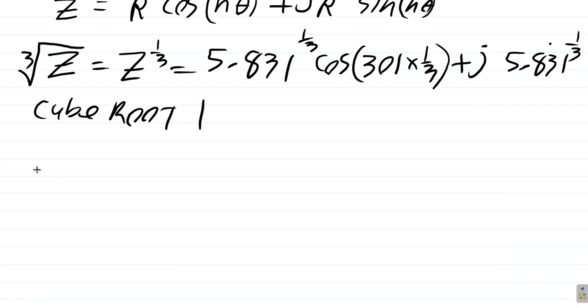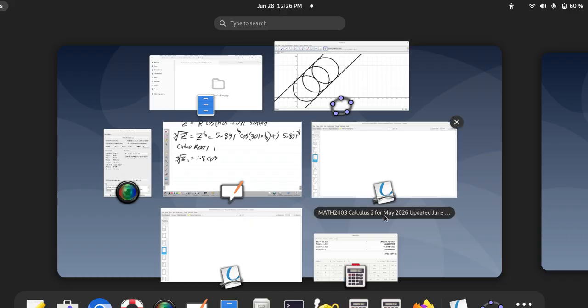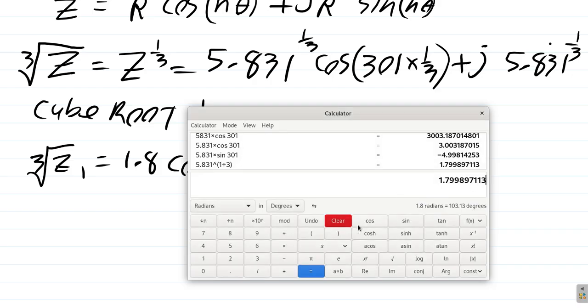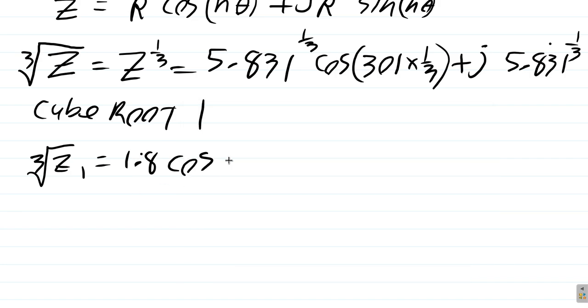So 1.8 cos 301 times 1/3. So 301 over 3. You have that. And the cos of it, negative 0.179.